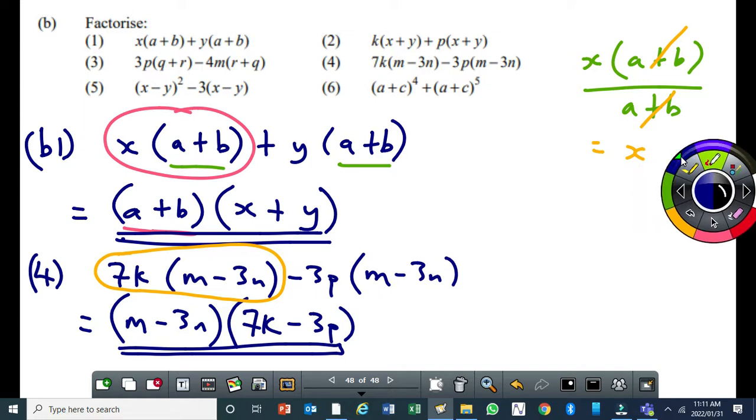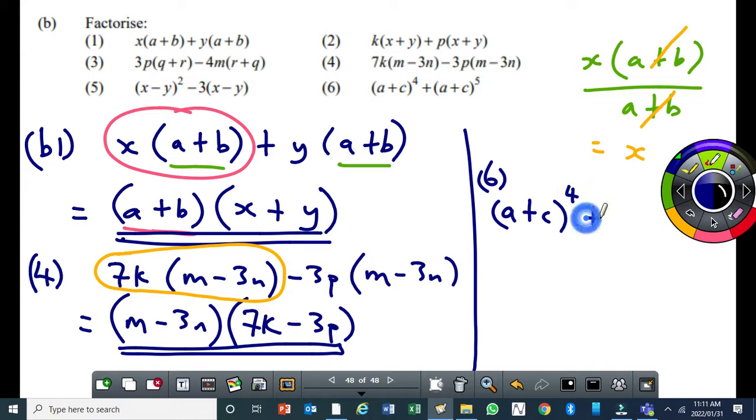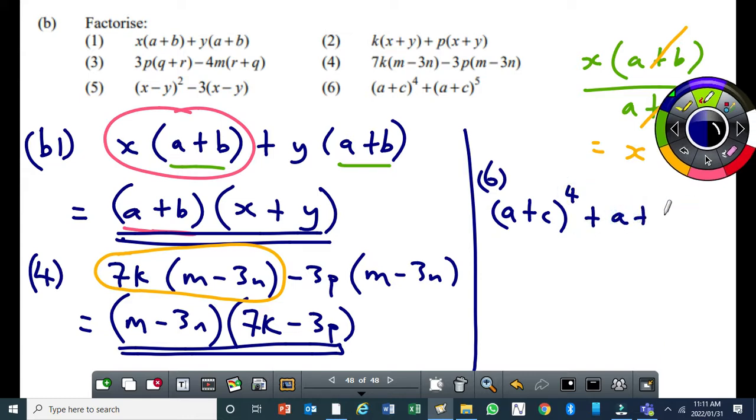Right. Let's do number 6. Okay, so number 6, you have a plus c to the power of 4 plus a plus c to the power of 5.